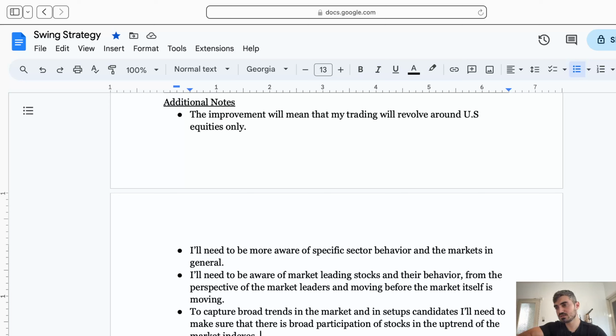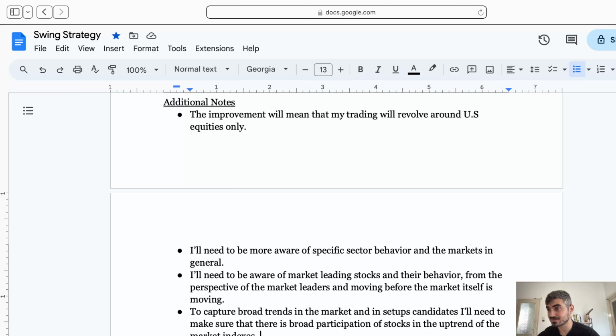Whether it be Swedish or French or German hedge funds, they are in US stocks. Not all of the world is in French, German, or Japanese stocks, but all of the world is in US stocks, whether it be pension funds or whatever.